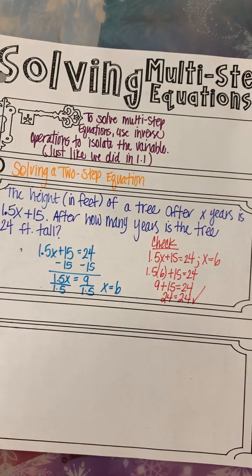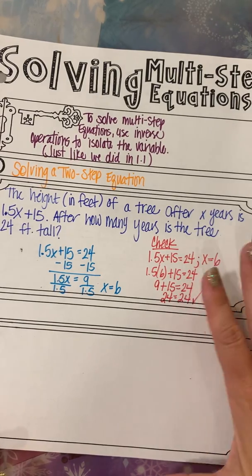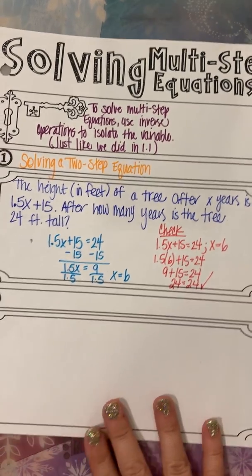And we proved that the left side is equal to the right side mathematically. So we're finished with example 1. That's just a basic example of a two-step equation.